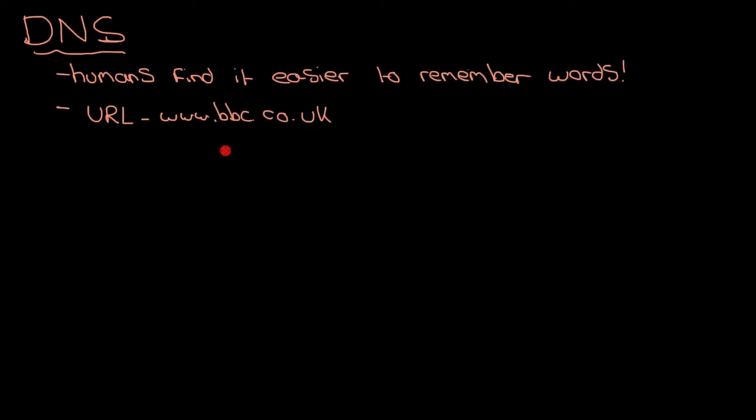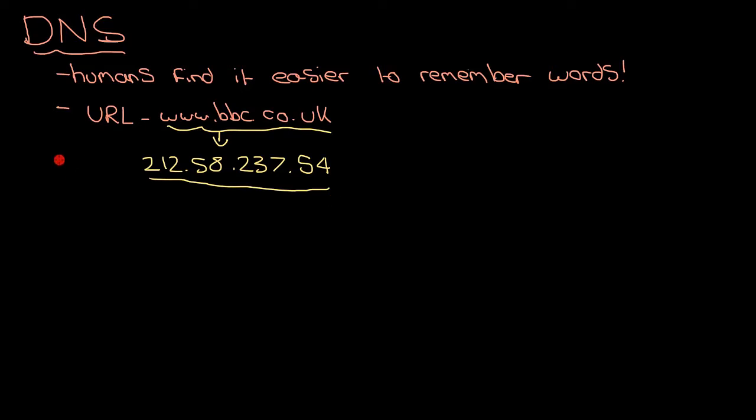That is how the whole system is supposed to work. So it will take this and it'll convert it into a number, 212.58.237.54 in this case, and that is what the computer needs, importantly, to be able to access the website. Not this, it can't work with words, it needs the IP address here, okay?